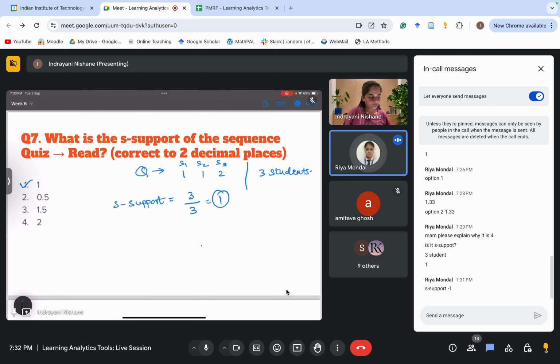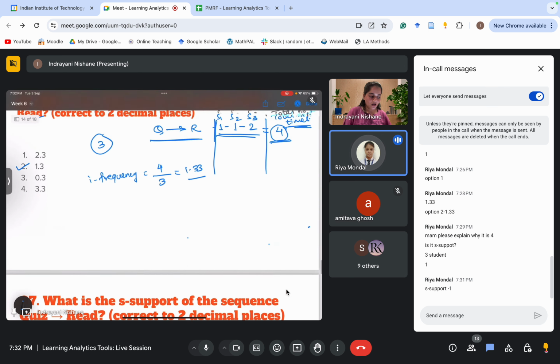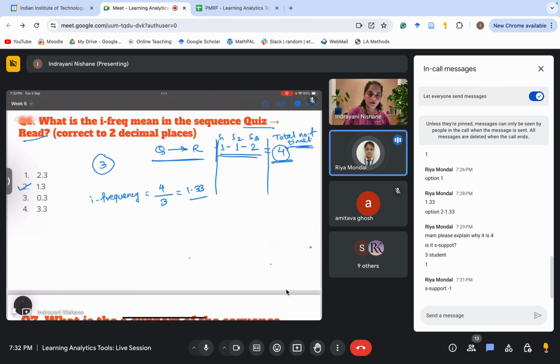No. S support tells us for how many students that action has occurred, and frequency will tell us how many times for every student that action has occurred. Yeah. So what is frequency? Frequency is how many times it has occurred for every user or every student. So that's I frequency.